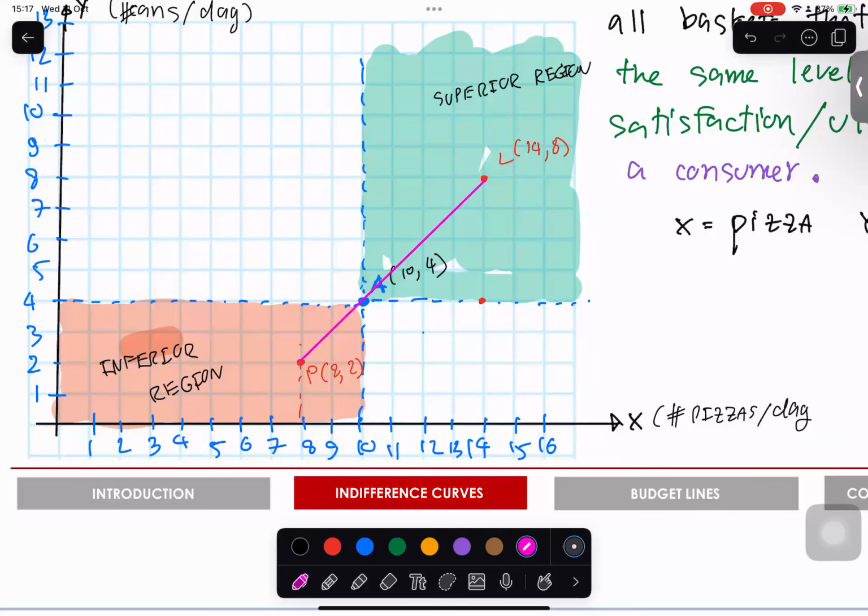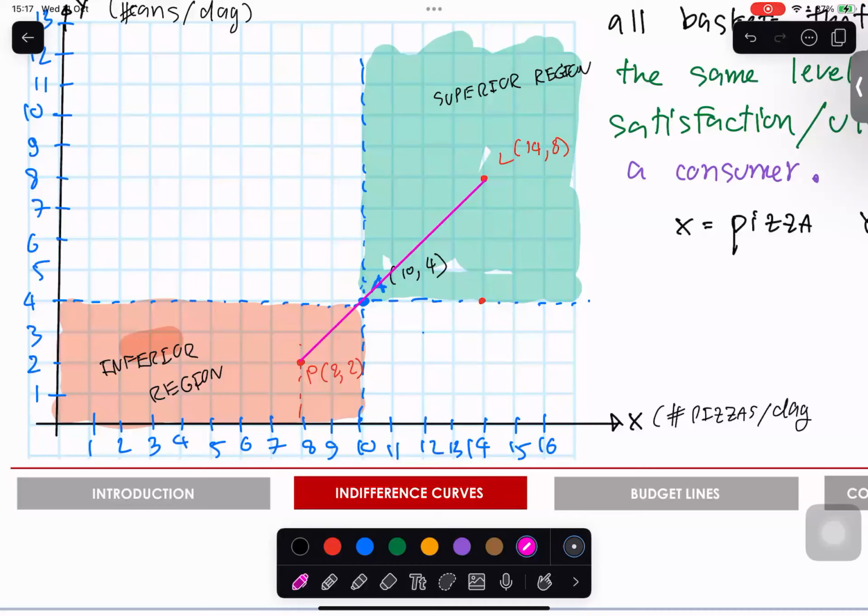We get an upward sloping curve. And if I tell you that this is the indifference curve, what do you say? Oh, you're still painting the color. Mr. Beam, this is your indifference curve. Are you convinced?